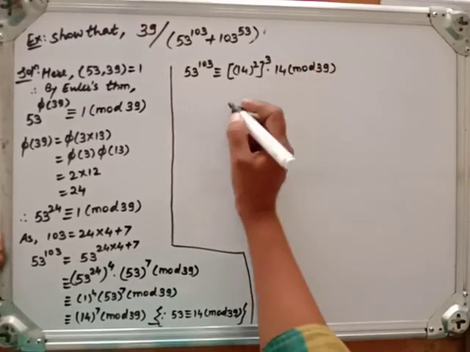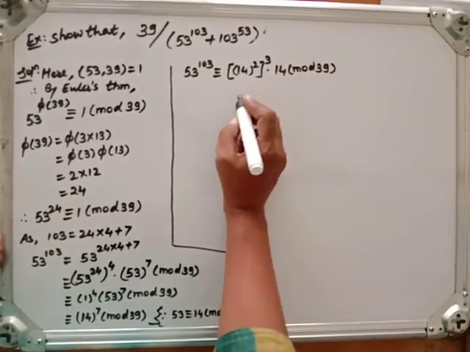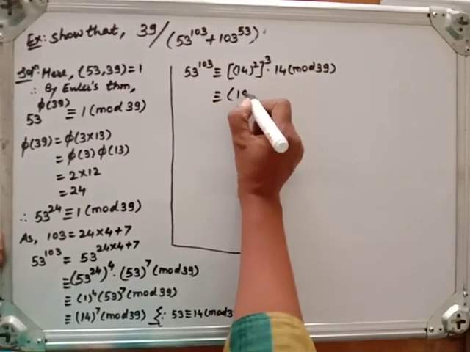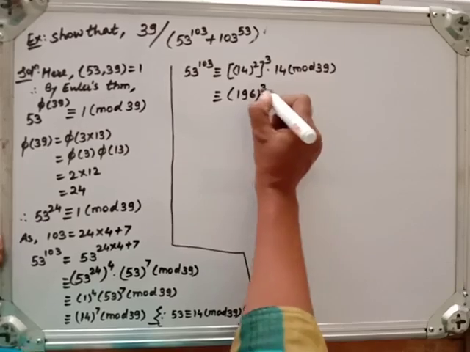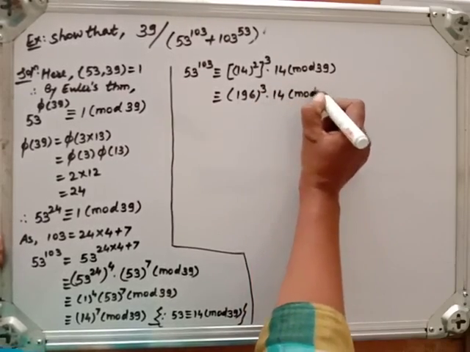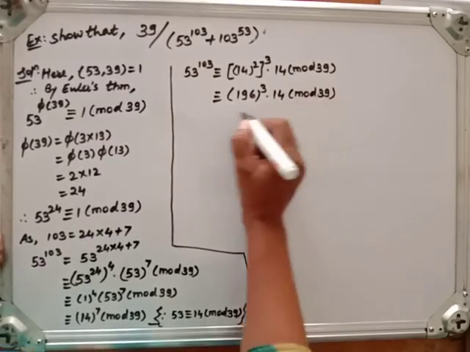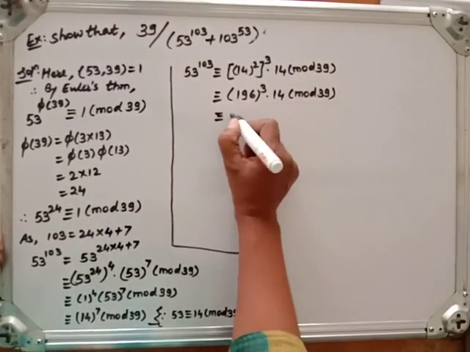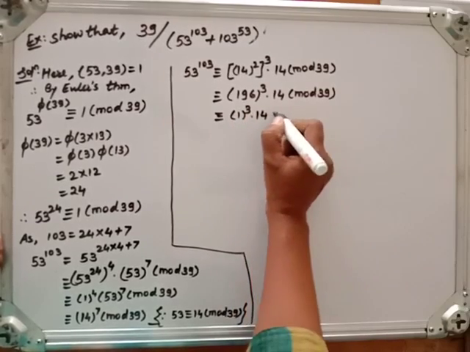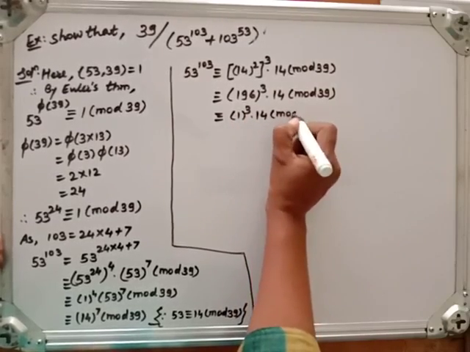Okay. Now here, 14 squared is how much? 196. Its cube into 14 modulo 39. So this is equivalent to 1 cubed into 14 modulo 39.